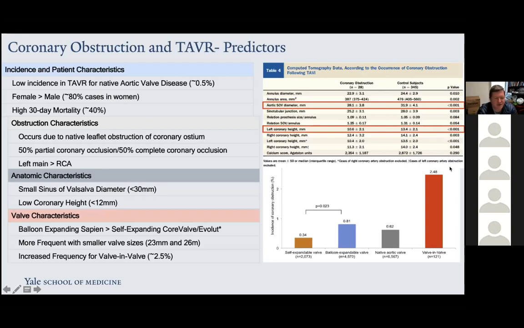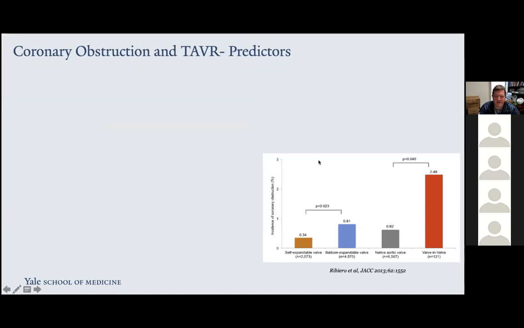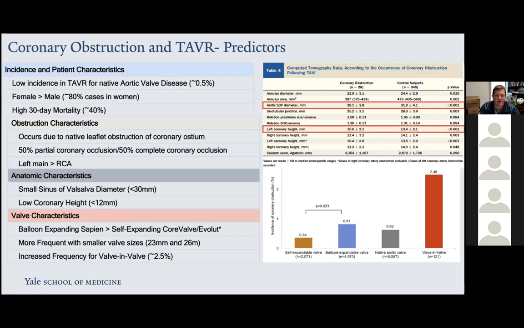The reason for that is in surgical aortic valves, often the surgeon has implanted the surgical valve a little bit higher than the native valve is, where it's located in the aortic anatomy. And so those leaflets, when you push them out to the side, can have a higher risk of obstructing the coronaries.